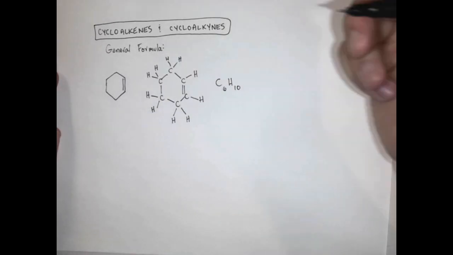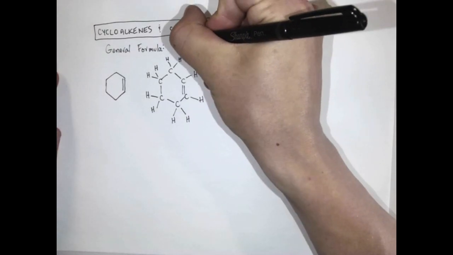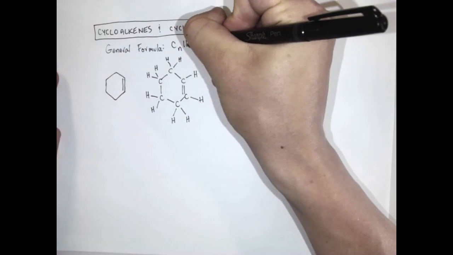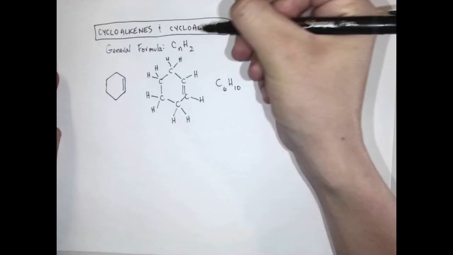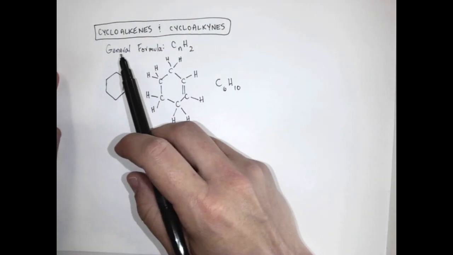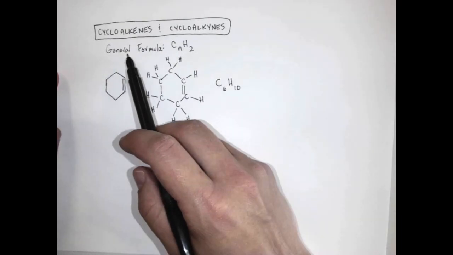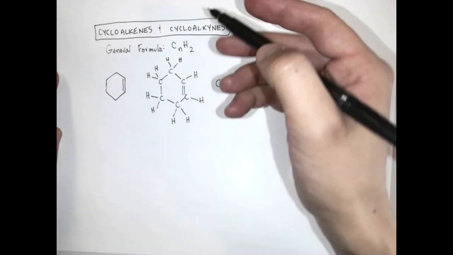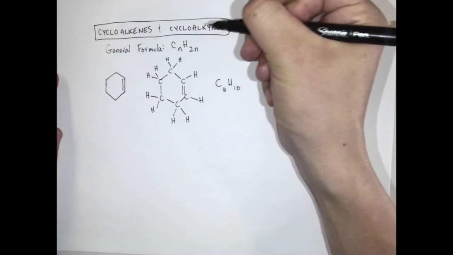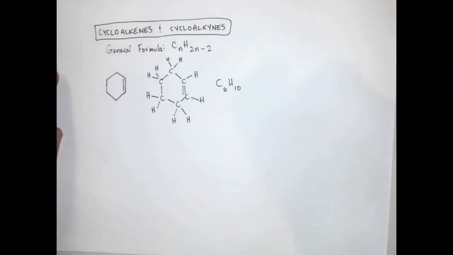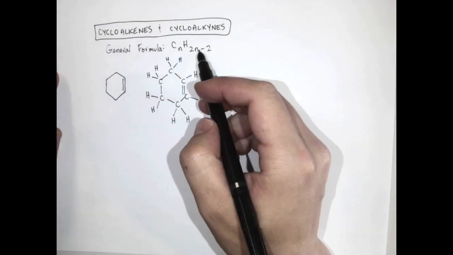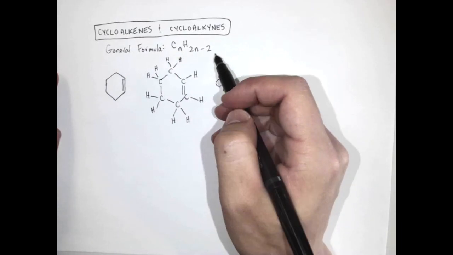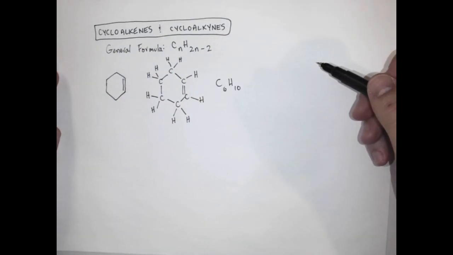And if you have at least one double bond in the ring, the general formula for a cycloalkene, with just that one double bond between carbons, will be CnH2n minus 2. So it's just like a normal alkene, except we take away another 2 hydrogens.